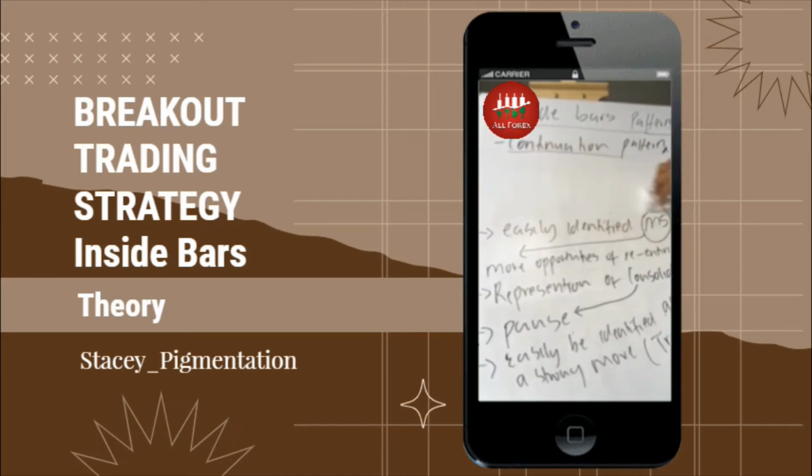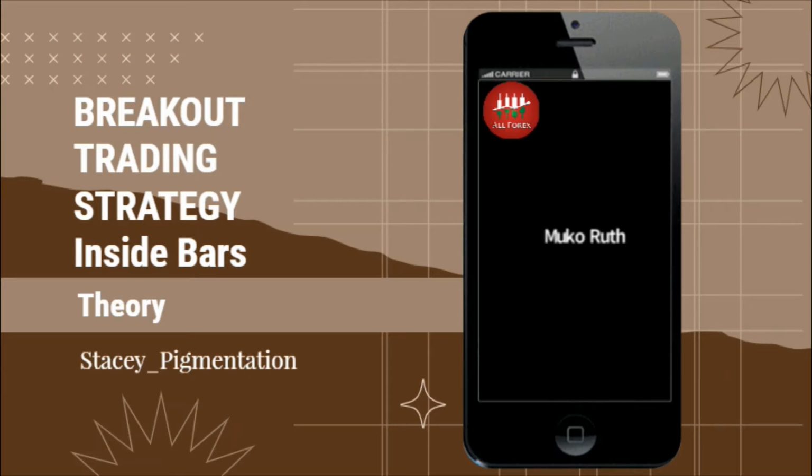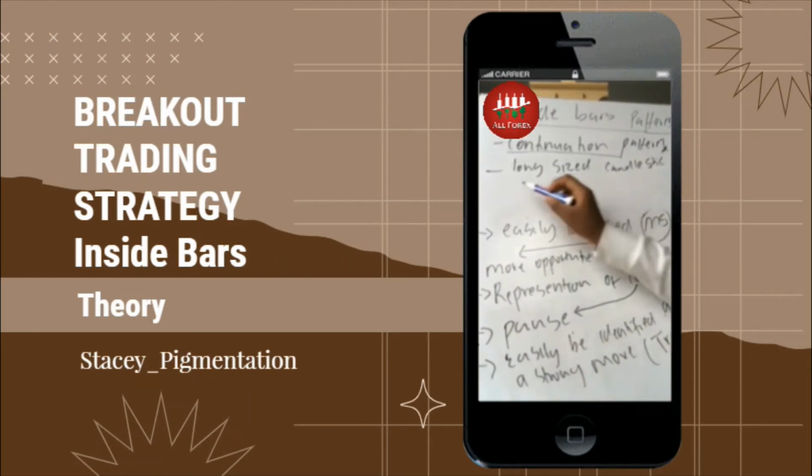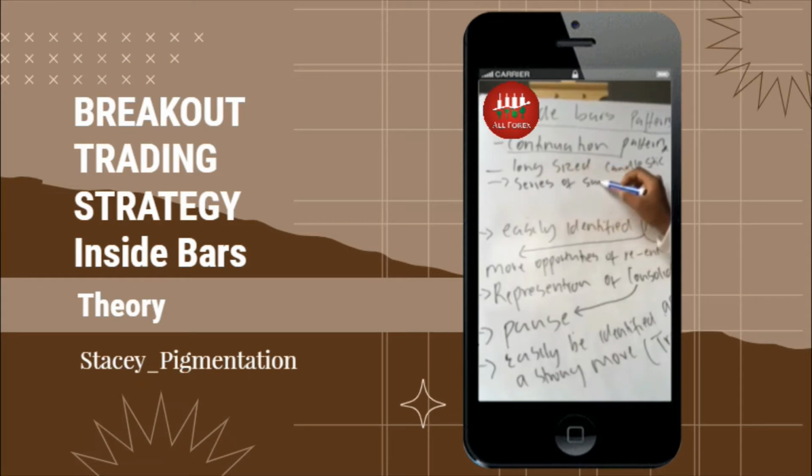I've already explained that a trend can be in the form of a long-sized candlestick, or in the form of a series of same-colored candlesticks, minimum of three.